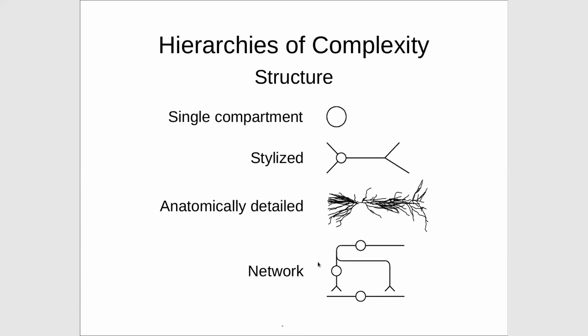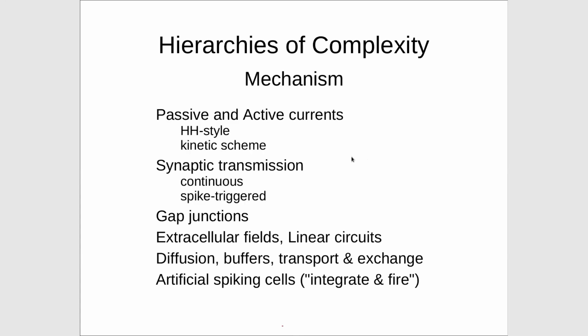It can handle complicated network models. It can also handle models that have a great degree of mechanistic complexity. That is to say, have a wide range of different kinds of voltage and ligand-gated currents that include all kinds of synaptic transmission modalities, that may include gap junctions, that may involve extracellular fields.